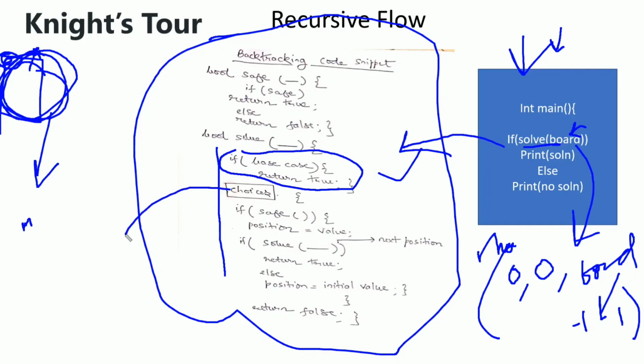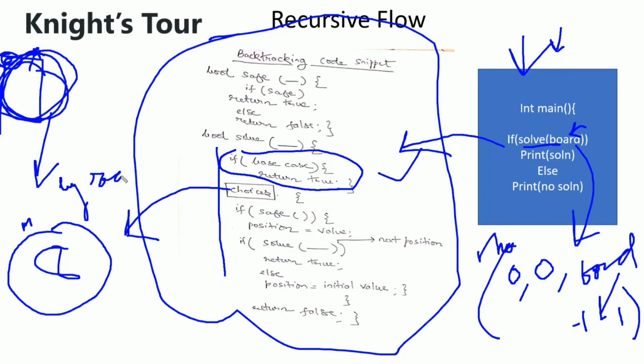Now coming to the choices, there are 8 choices available. So we can represent the direction either by using a recursive approach or an iterating approach. Okay, so I'll be discussing how we can represent the direction in our code.